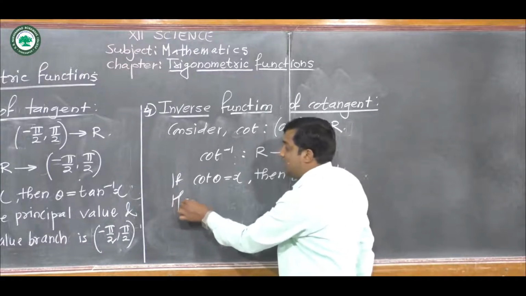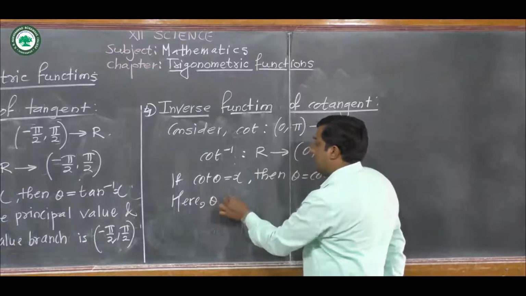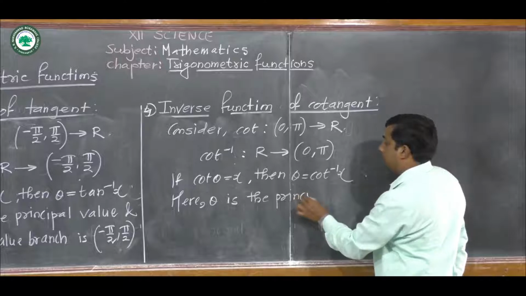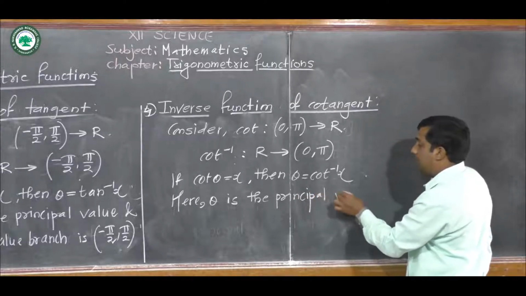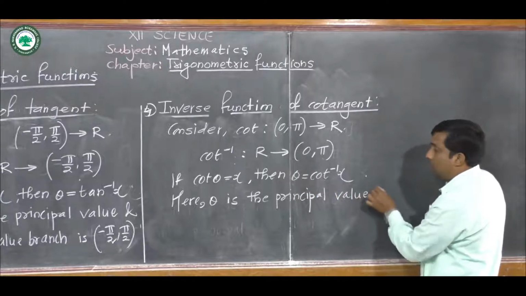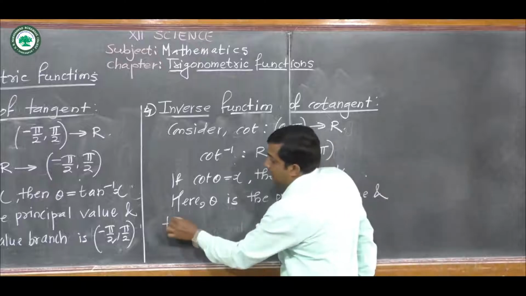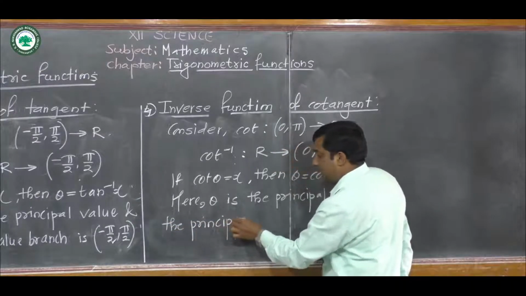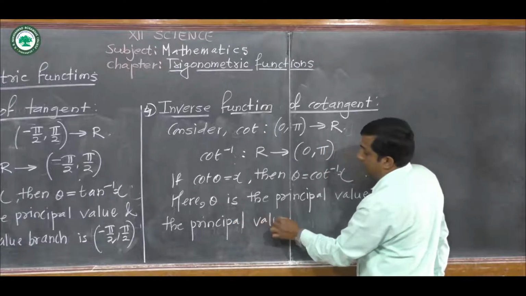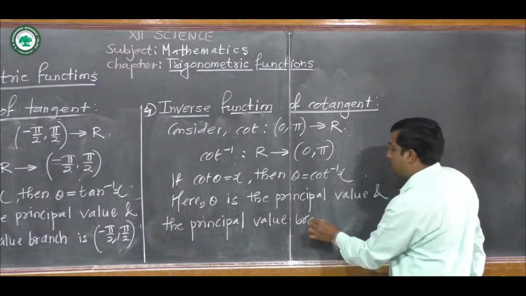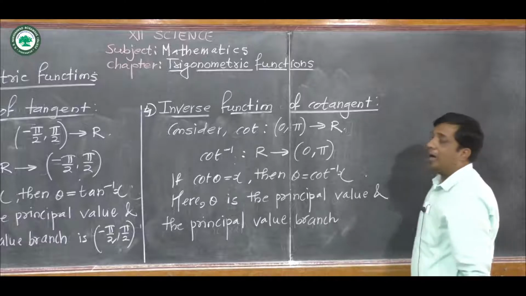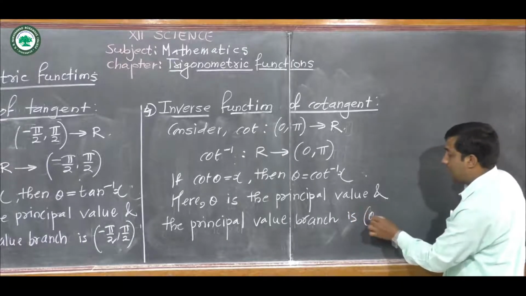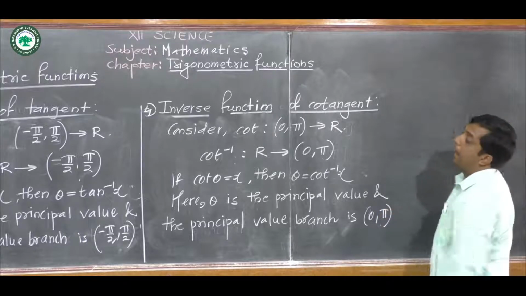Here this theta is the principal value, and the principal value branch for the given function is the open interval 0 to pi.